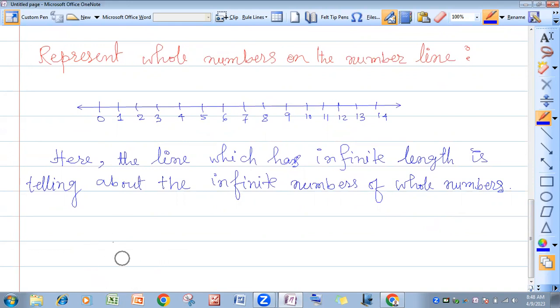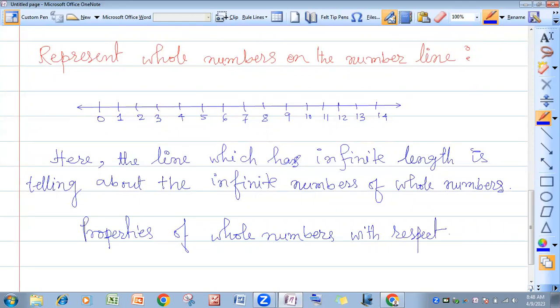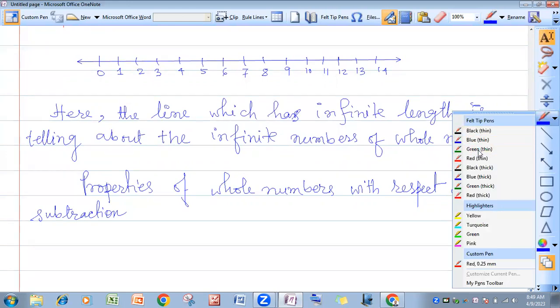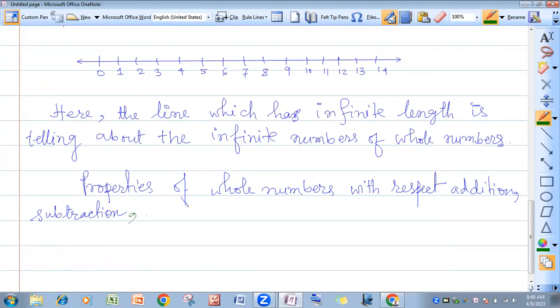Now we will see some properties of whole numbers with respect to addition, subtraction, multiplication, and division.